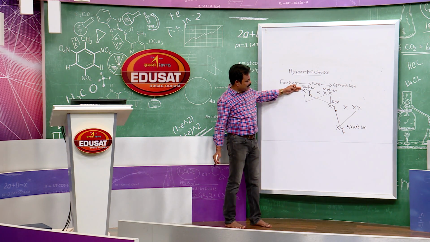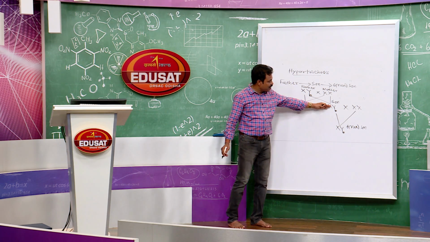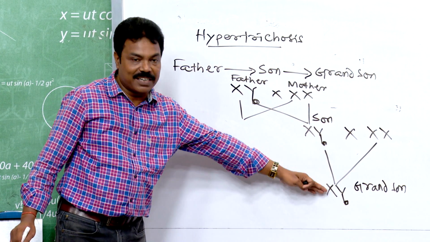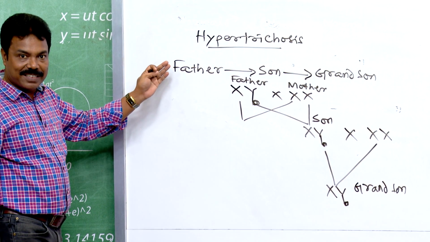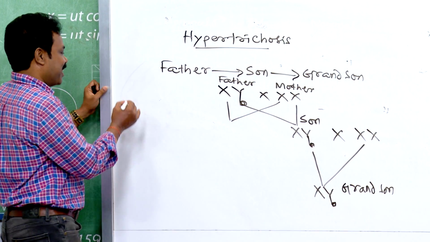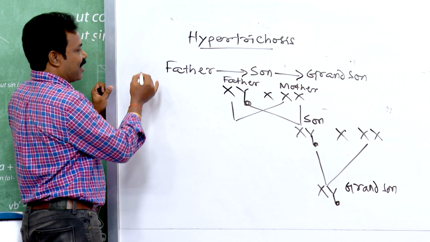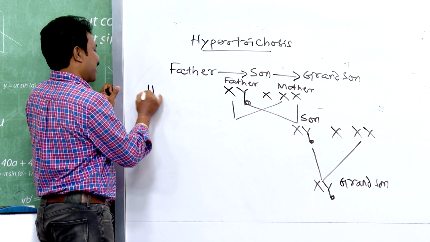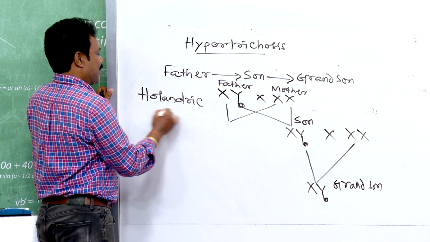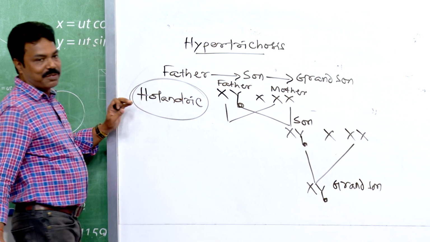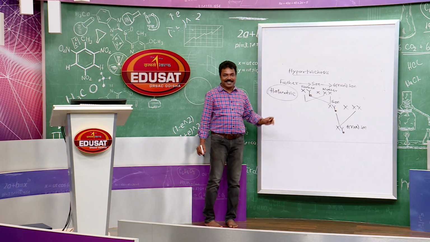The character is inherited from father to son and from son to grandson. Since this character is inherited from male to male only, the gene is called holandric. From male to male sex only, right?